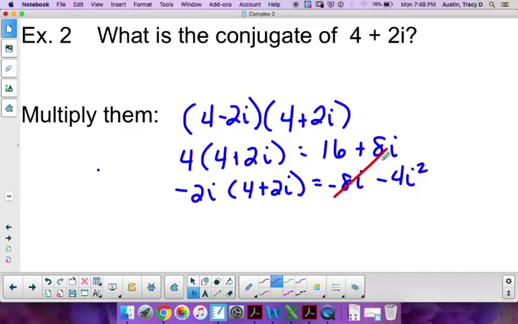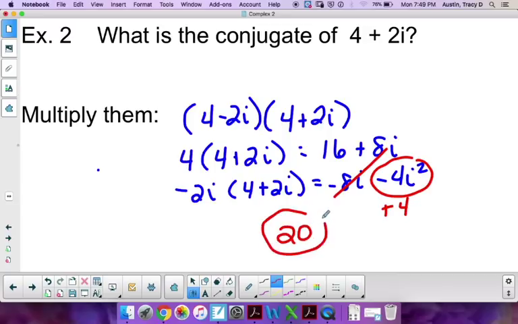Again, middle terms cancel. Negative 4i squared becomes positive 4. The answer to this, as far as multiplying by the conjugate, is just 20. That's all you should get.